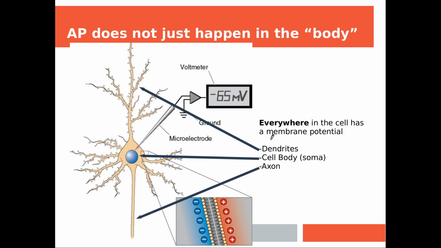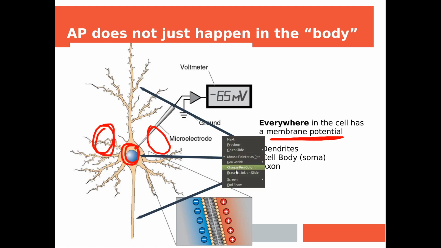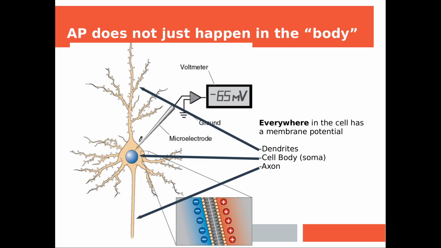Today, we learned about membrane potential, which is the voltage difference inside and outside the cell, right? Well, we thought mostly about the cell body, the soma of the cell. But actually, everywhere inside the cell has a membrane potential. There's a difference from the inside and the outside everywhere.